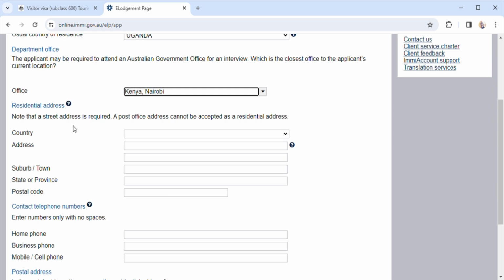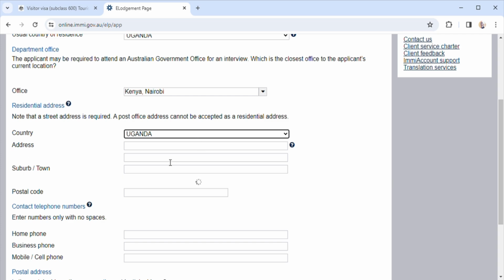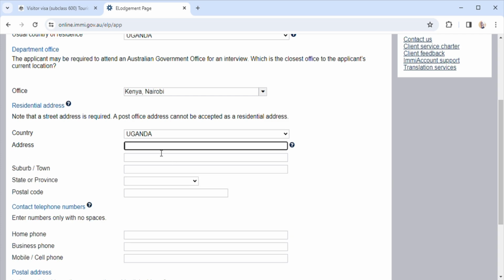Note that a street address is required. A post office address cannot be accepted as a residence address. Please, country, you put in your address here: Uganda. Address, maybe you put the address that belongs to you.